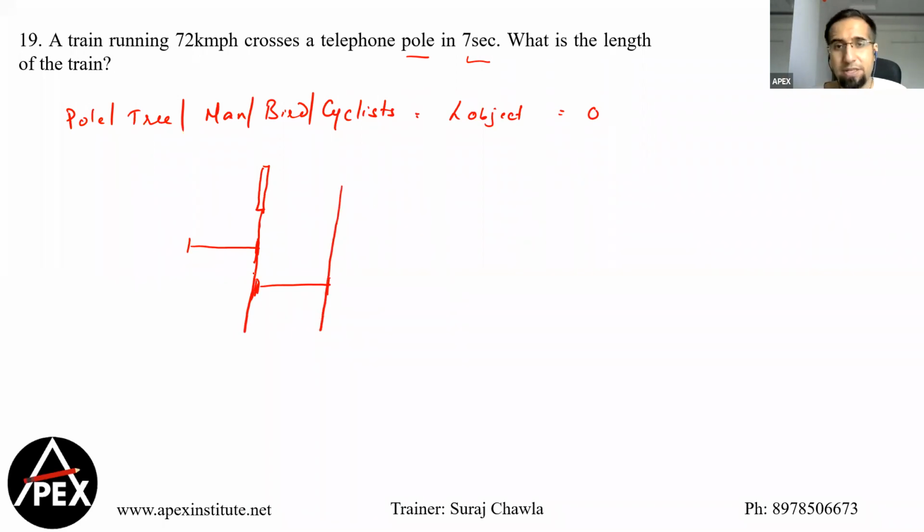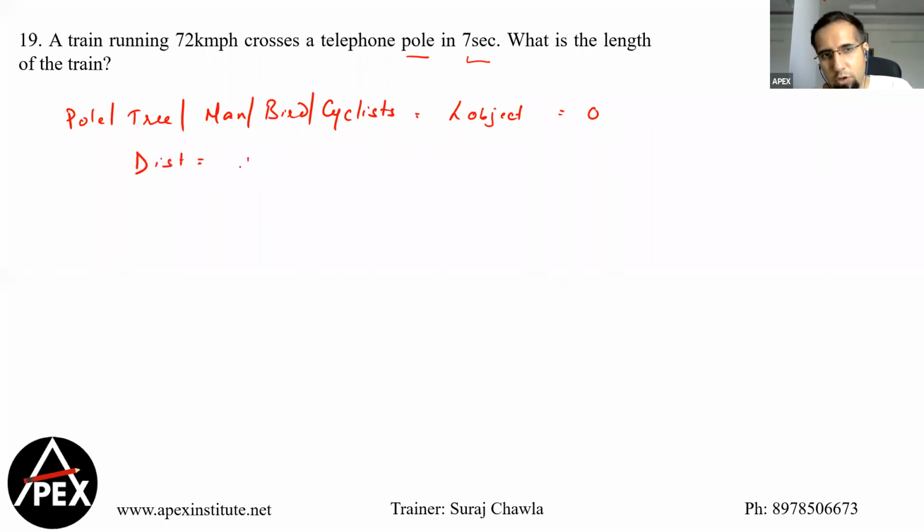So in these 7 seconds, the distance covered is equal to the length of the train. Is this point clear, guys? Clear? So in this case, the distance covered is equal to the length of the train.